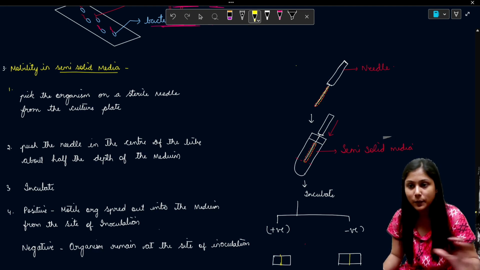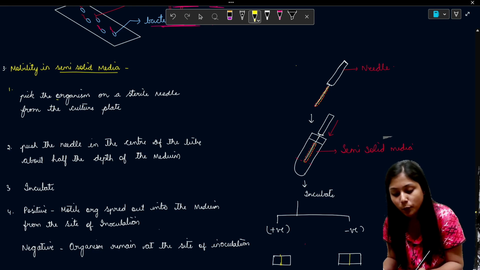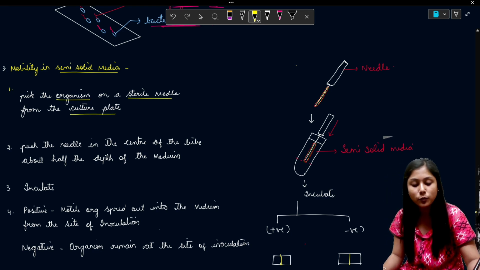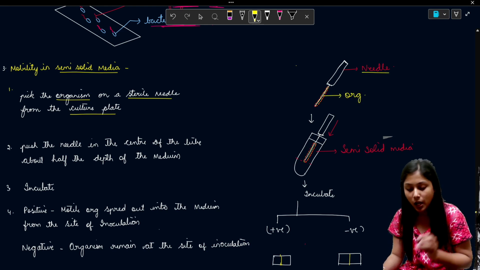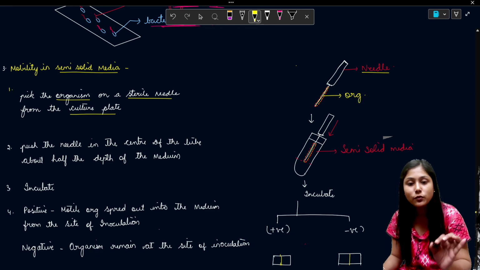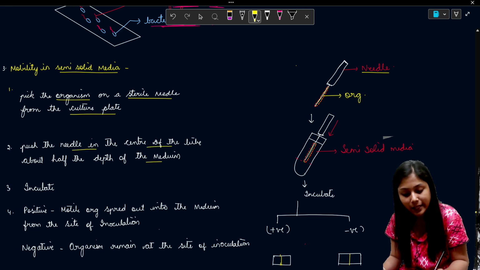Let us understand this particular concept now. First thing we are going to do here is pick the organism on a sterile needle from the culture plate. Now we are going to take another test tube which contains semi-solid media. We are going to push the needle in the center of the tube to about half the depth of the medium.